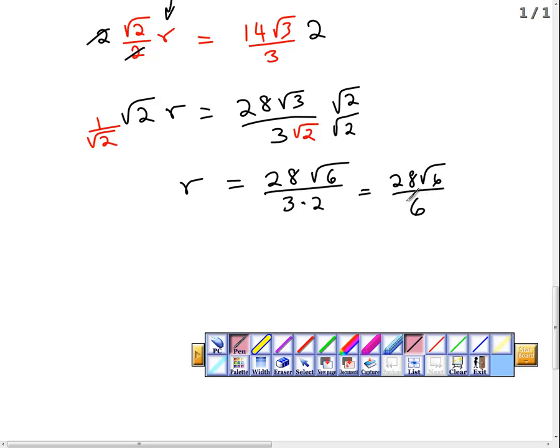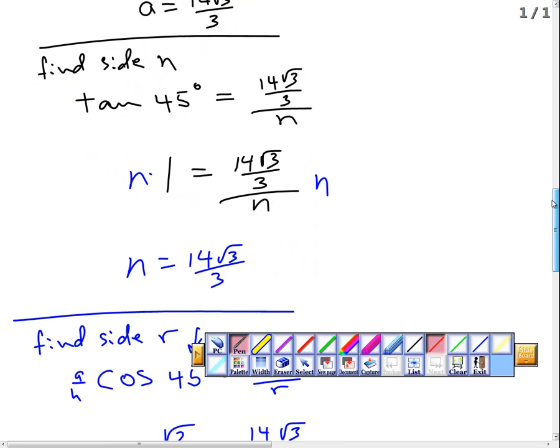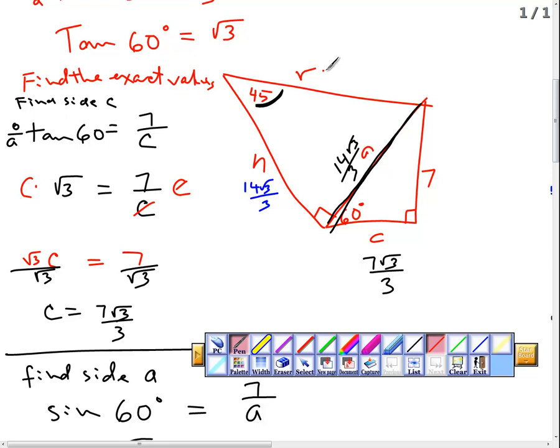Because 2 can go into both. So actually, we could have done it here, too. Could have canceled 2 into 28 and got 14. And so this would be 14 square root of 6 over 3. Okay? Questions with that?